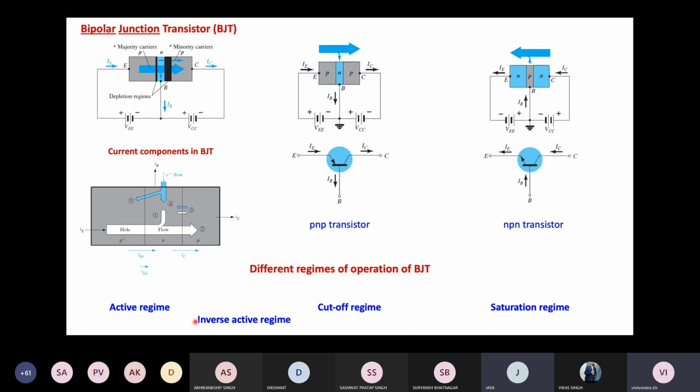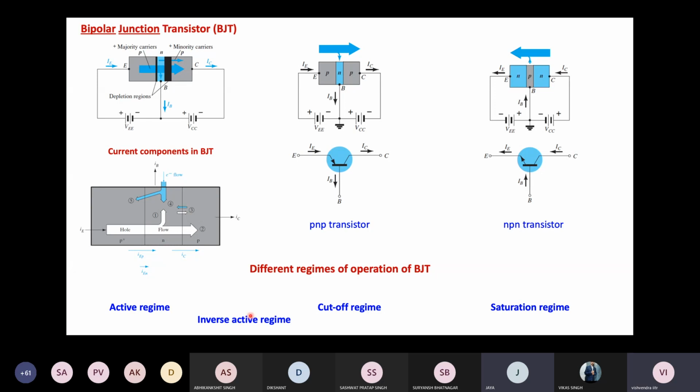And what are these things? These are different regimes of operation of BJT. When base emitter is forward and collector base is reverse, it is known as the active regime. When both of them are reverse biased, it is known as the cutoff regime. And when both the junctions are forward biased, it is saturation regime.